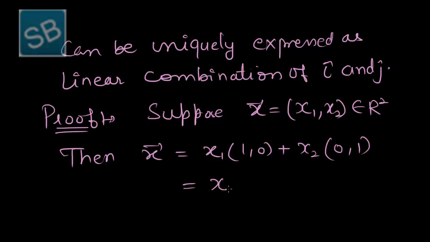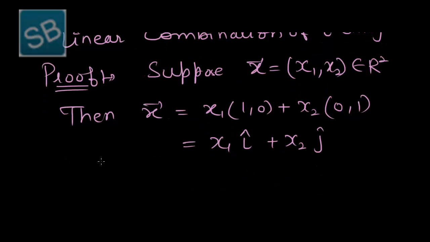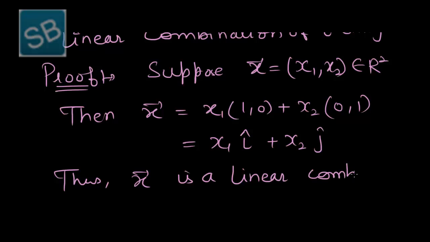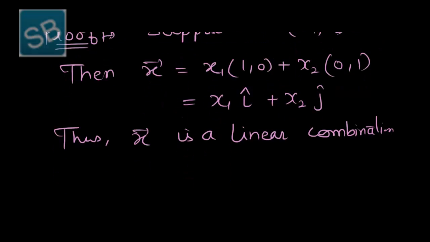That is x1 unit vector in the direction of x-axis, x2 unit vector in the direction of y-axis. So thus vector x is a linear combination of i and j. Now we have to prove uniqueness.